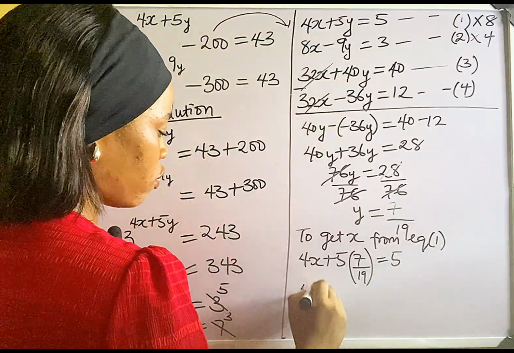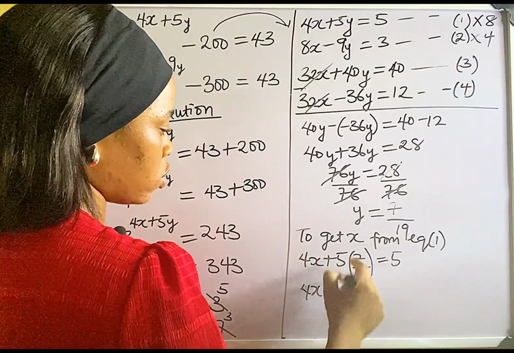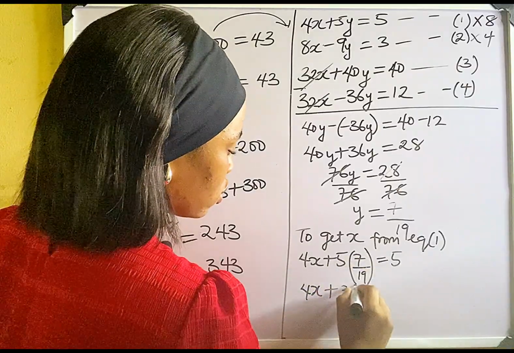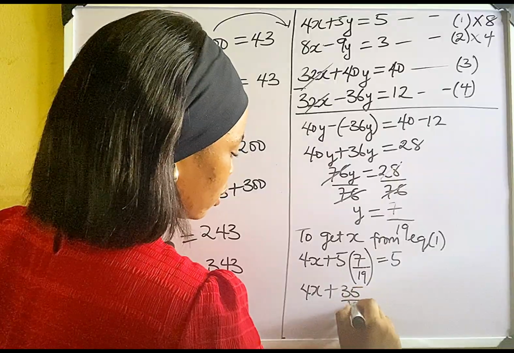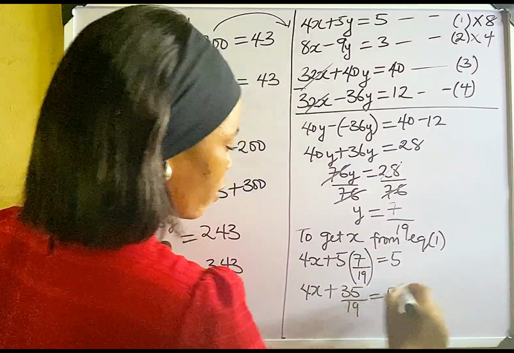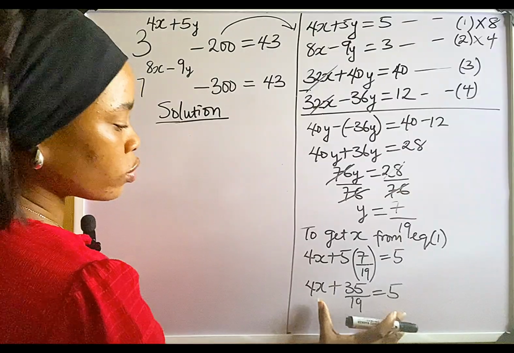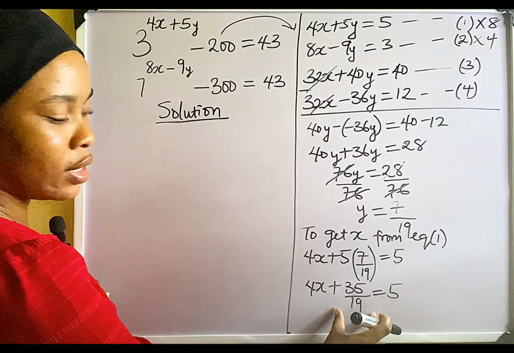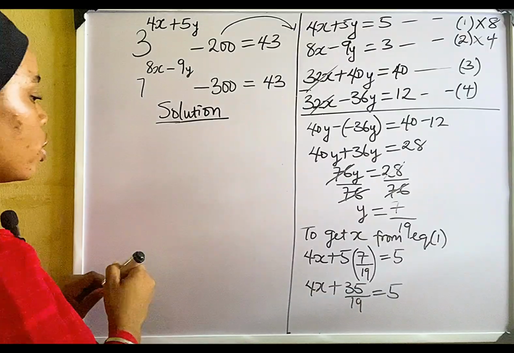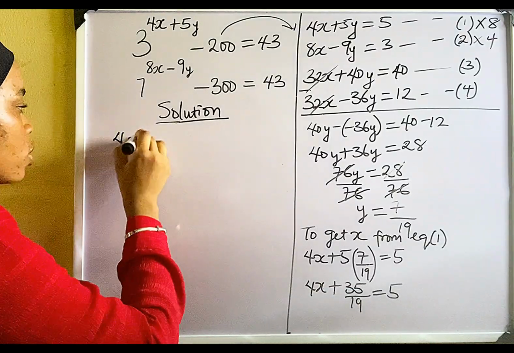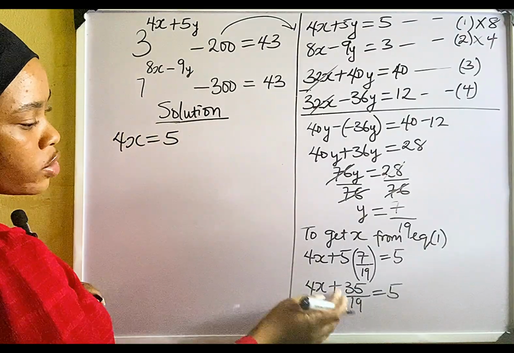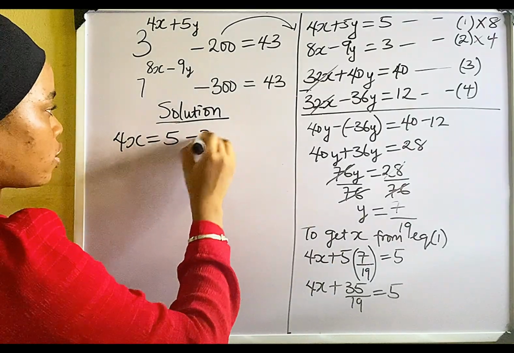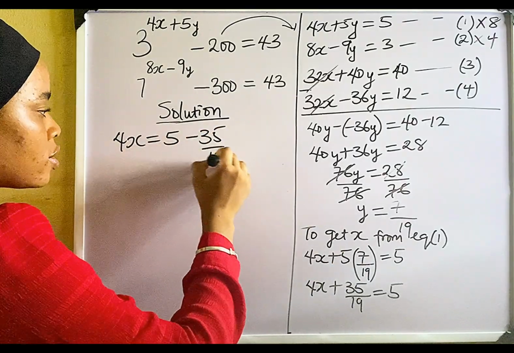So this gives me 4x plus 5 will multiply the numerator, that's 35 over 19 equals 5. So now the next thing to do from here, we simply move plus 35 over 19 over to the other side. So this becomes 4x equals 5. Now because it's plus, crossing over becomes minus, so that's minus 35 over 19.